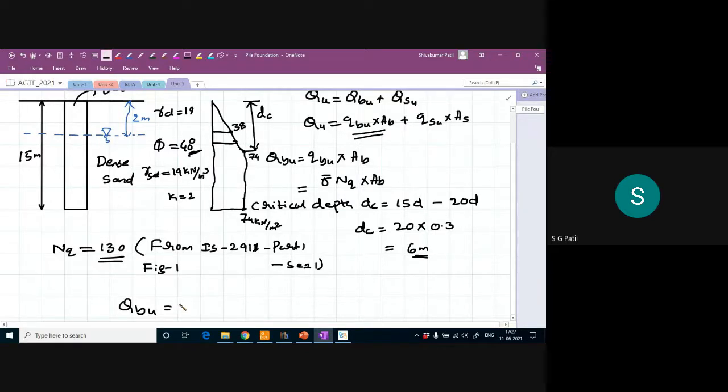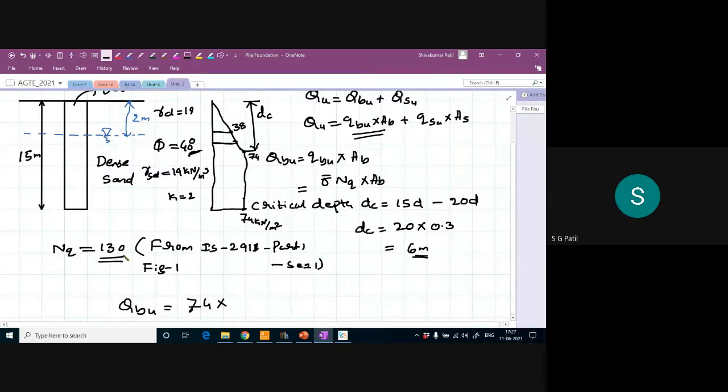Now let us have this QBU. QBU is equal to, how much we got? 74. Not 74, that was my overburden pressure. Okay, so 74 into NQ.